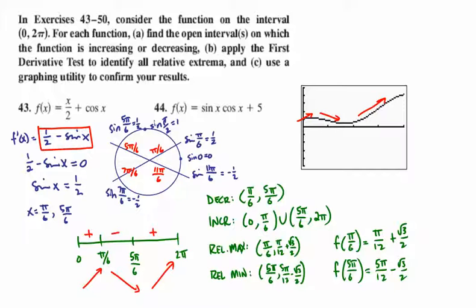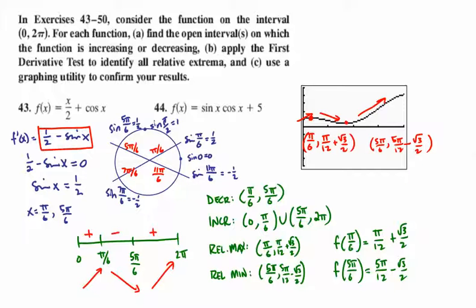We have a maximum at pi over 6, and pi over 12 plus root 3 over 2, and then a minimum at 5 pi over 6 and 5 pi over 12 minus root 3 over 2.